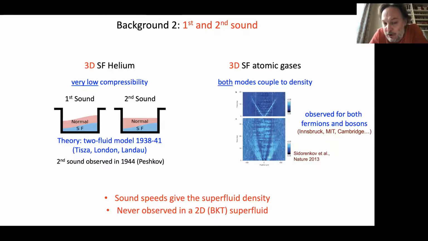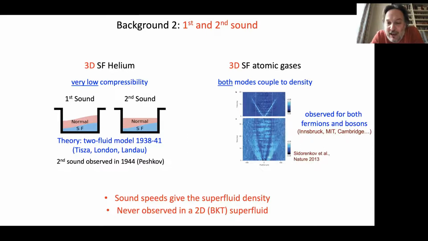And the other motivation, the selling point, is that first and second sound were never observed in any 2D BKT superfluid, because in helium they can't do it because of basically the no slip condition. Right? So the normal component is pinned to the substrate. So neither first nor second sound propagates in liquid helium films.